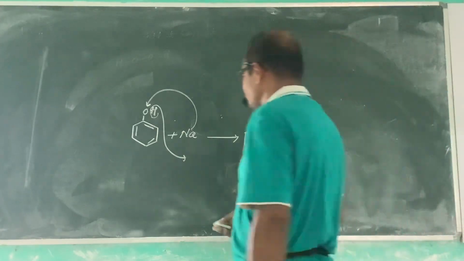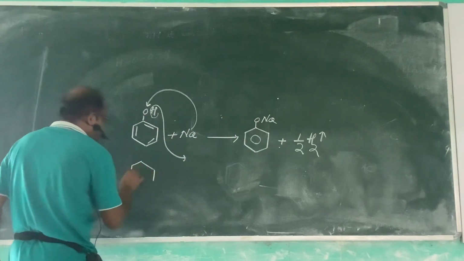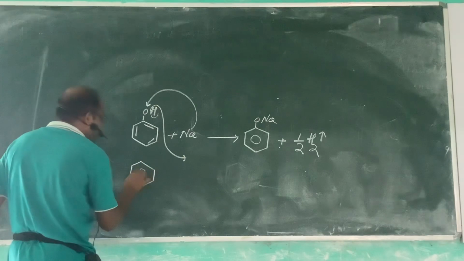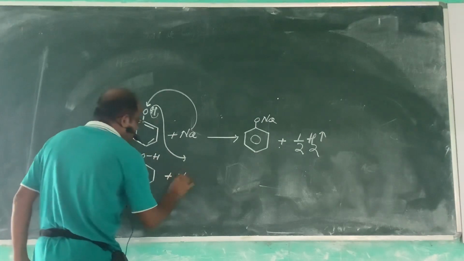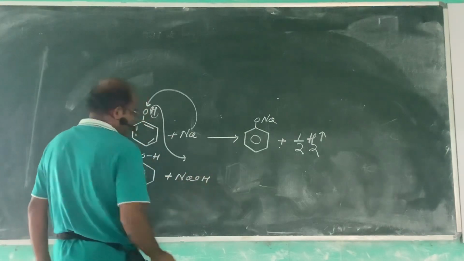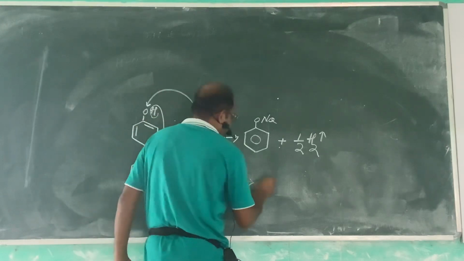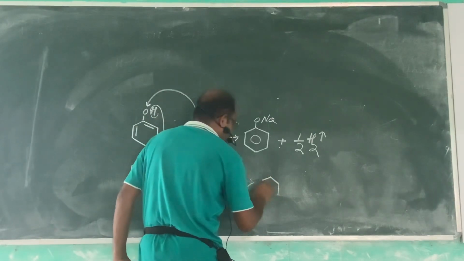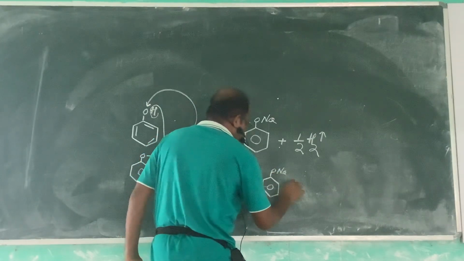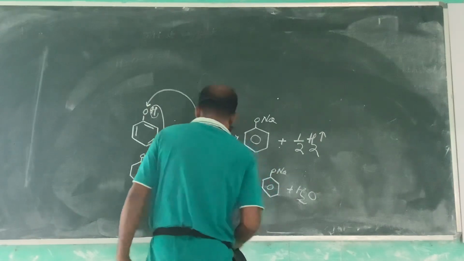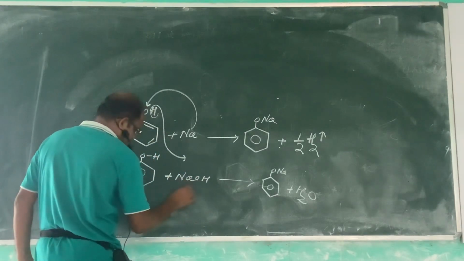When phenol reacts with sodium hydroxide solution, it gives sodium phenate plus water. Here NaOH is a water soluble base.